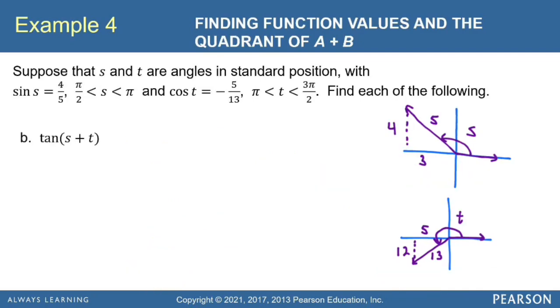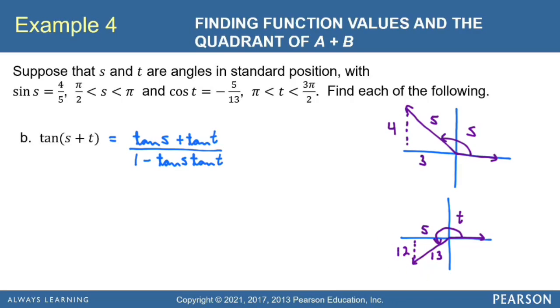Now in part B, we're asked to find the tangent of S plus T. So let's substitute S and T into our identity for the tangent of A plus B. That's going to give us tangent of S plus tangent of T all over 1 minus the tangent of S times the tangent of T. Now, I've copied our diagrams over here for S and T because we've already done the hard work of finding the unknown sides.